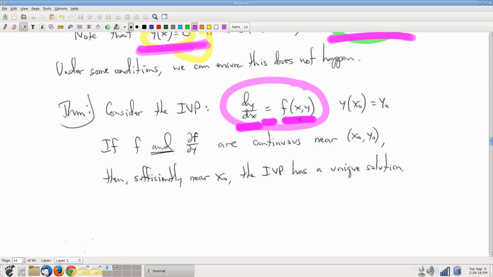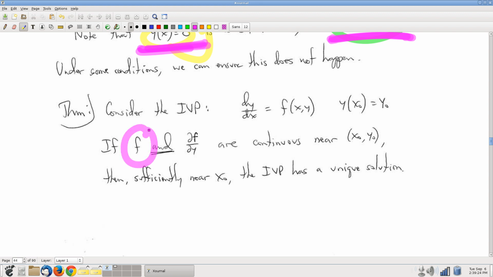So it's a very specific form. If the differential equation takes that very specific form, if this function is continuous, and if the partial derivative of that function with respect to y is continuous, if all those conditions are satisfied, then the initial value problem does have a unique solution. So the solution exists, and the solution is unique.